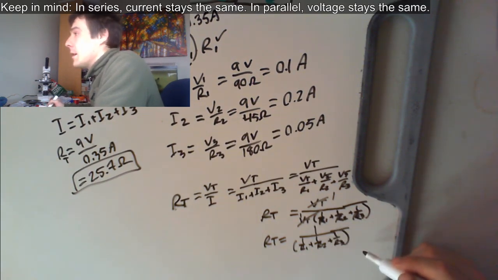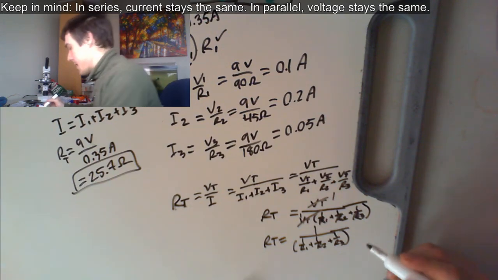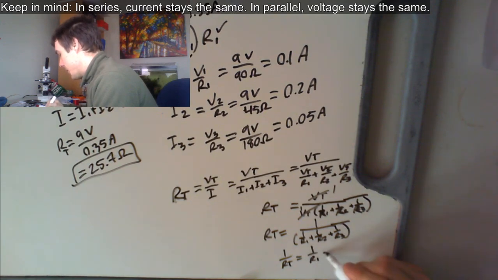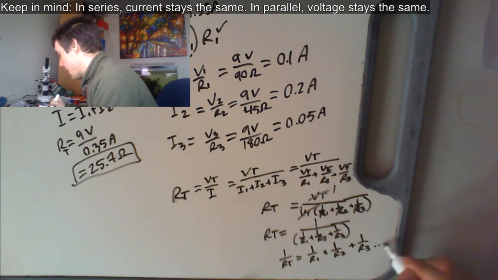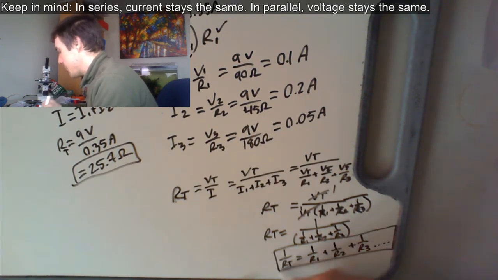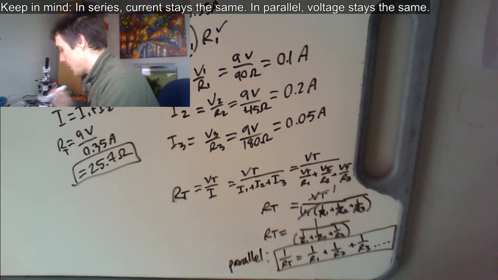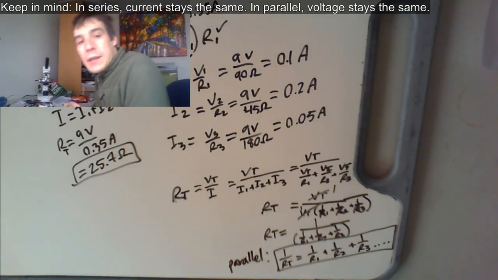But it's easier stated as, if we flip both fractions, 1 over RT is 1 over R1 plus 1 over R2 plus 1 over R3, and so on. That's how you work out the total resistance in parallel. It's a very important equation. You have this on your cheat sheet though.